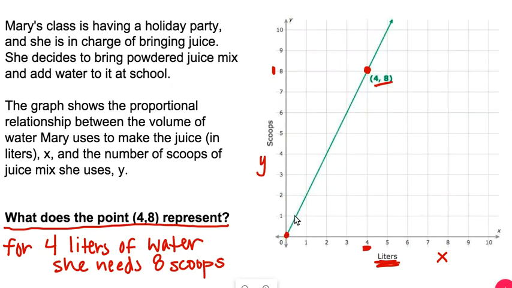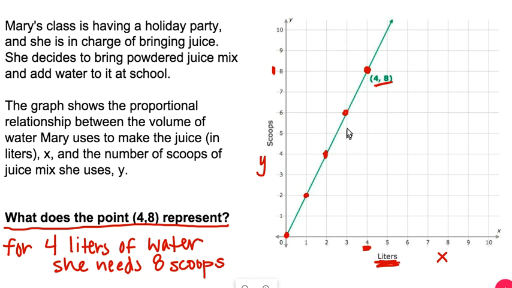Makes sense. Now, 1 scoop, I don't really know how much exactly that is because it's not where grid lines cross. But if I look here, my grid lines cross at integers. So 1 liter is 2 scoops. 4 scoops is 2 liters.